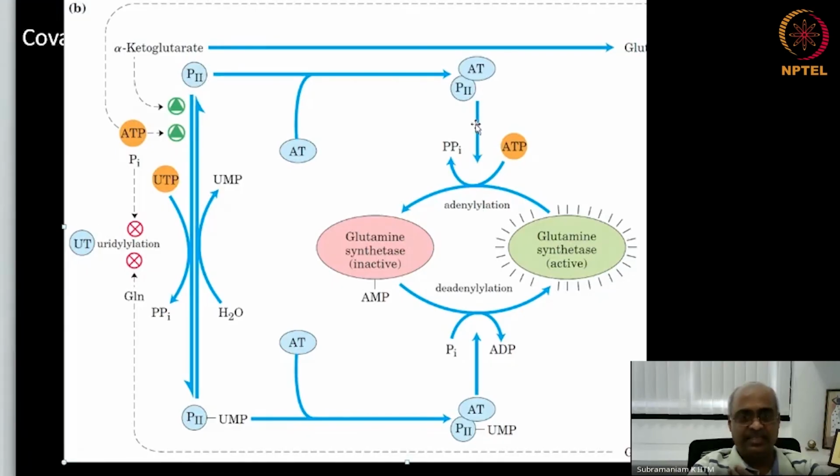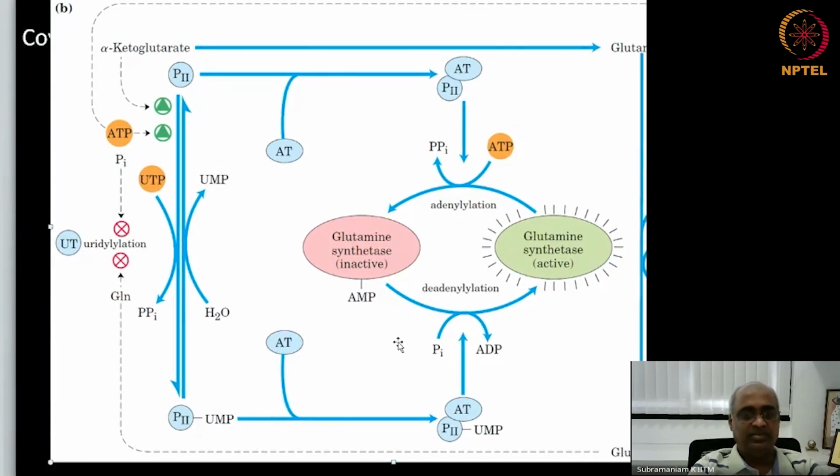So like this enzyme AT, this UT also does both the reactions. These are going to promote the reverse reaction, and as a result you have unmodified free P2, and the free P2 inactivates this. Okay, so this is how this regulation happens.